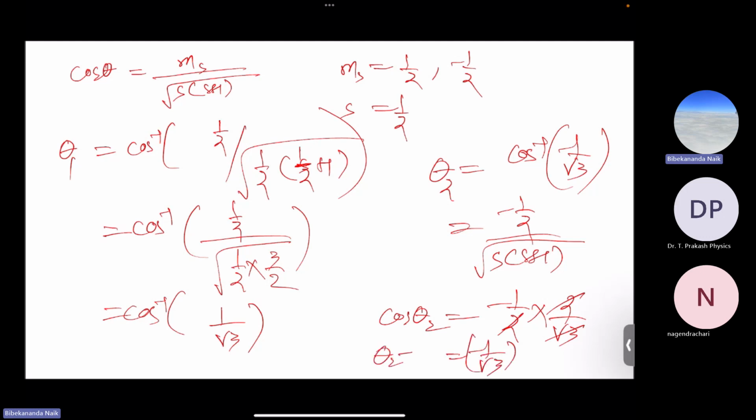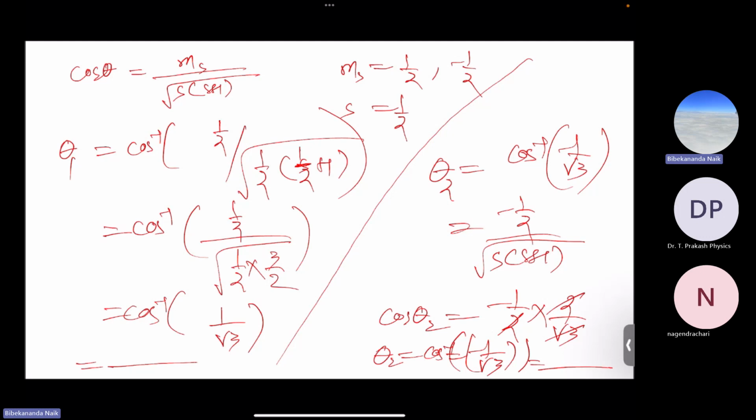So can anyone tell me what the two theta values will be?